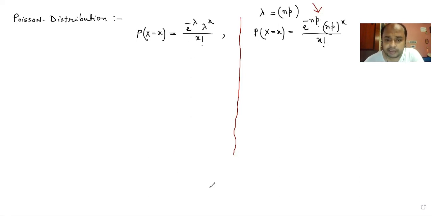I told you in my last class that in the Poisson distribution, the parameter is the quantity lambda. If you know lambda, then you will be able to identify the probability for various outcomes.